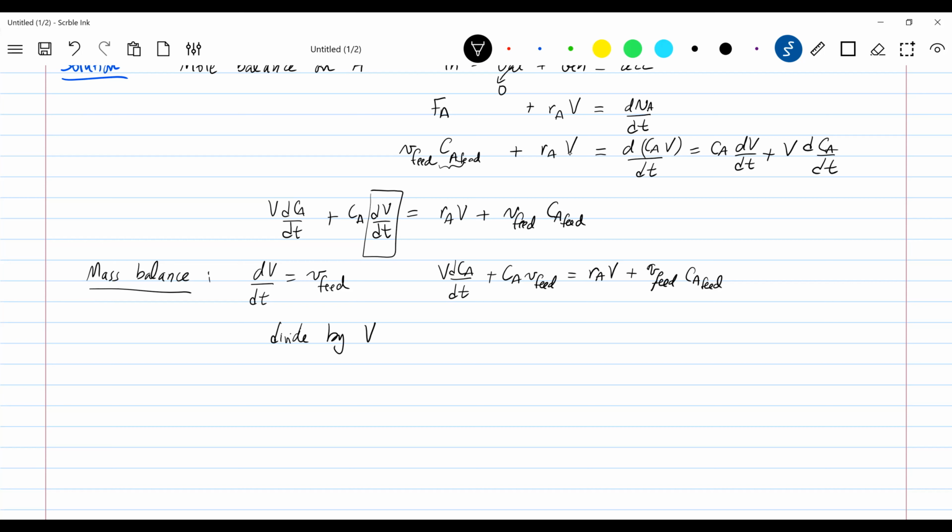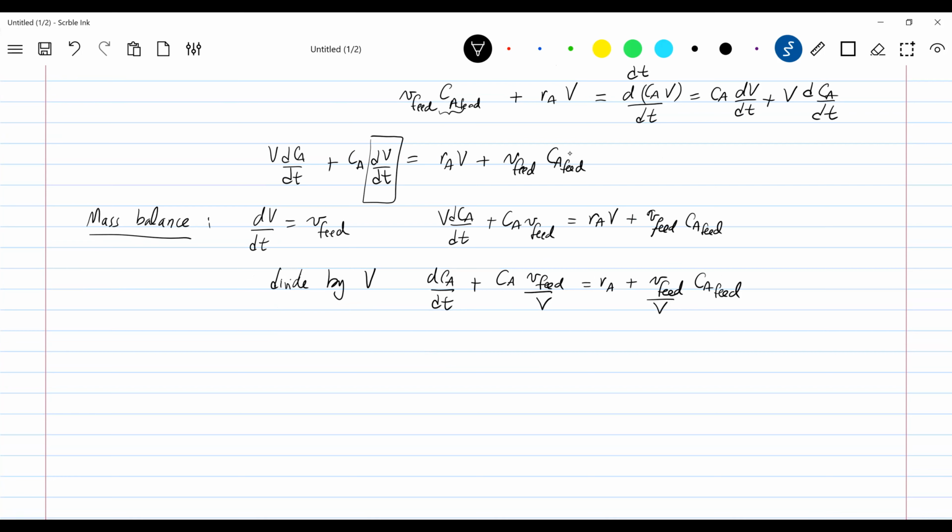So if you divide by V, you get dCA/dt plus, yep, so you can solve for dCA/dt as RA minus this over V. So that's what the mole balance on A looks like.